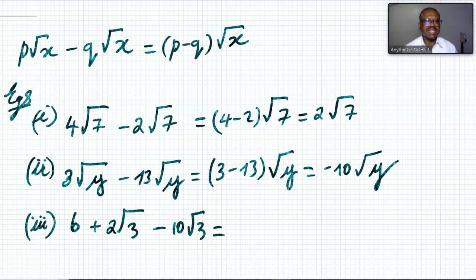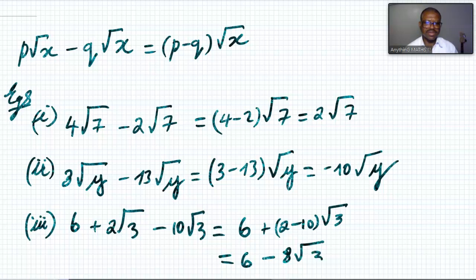We will just maintain it. So we write our 6 down. However, we just put those with the root 3 together. So it's going to be 2 minus 10, and we're going to have 6 minus 8 root 3.